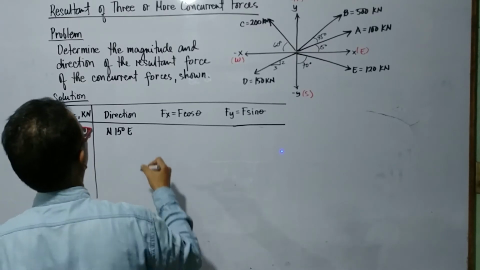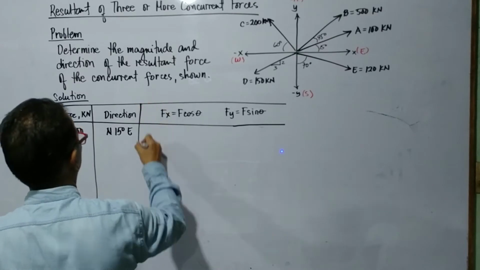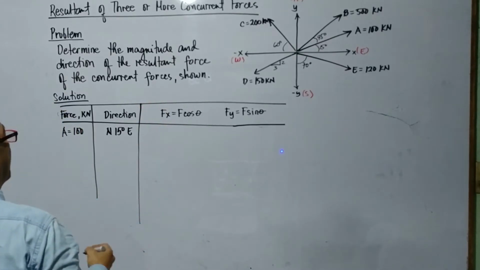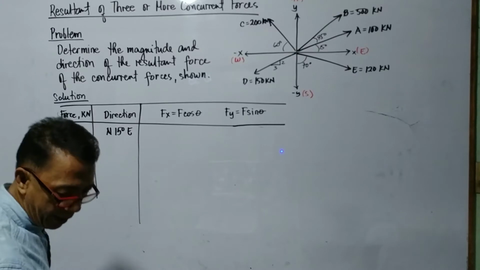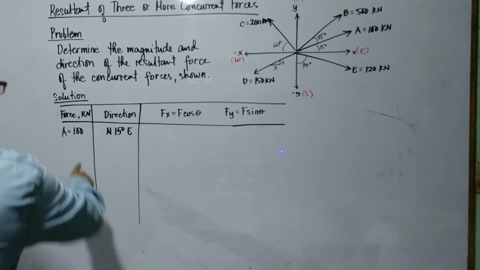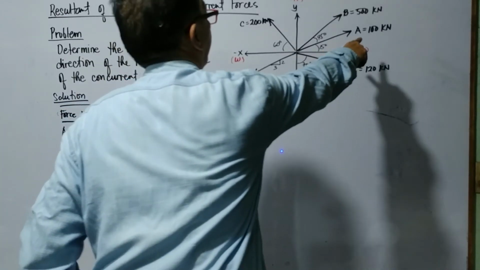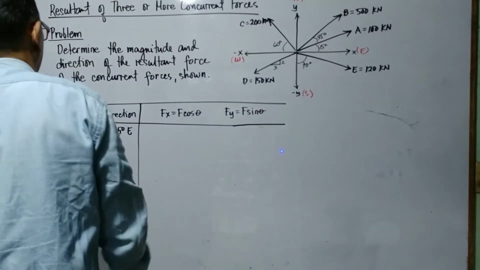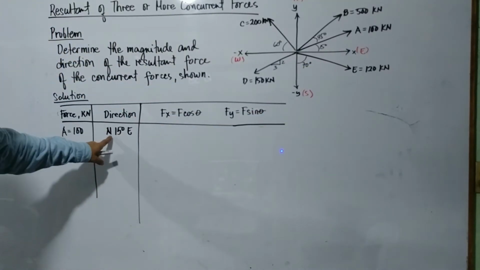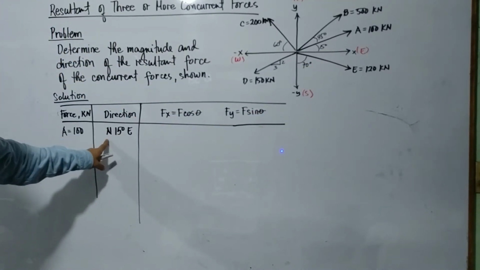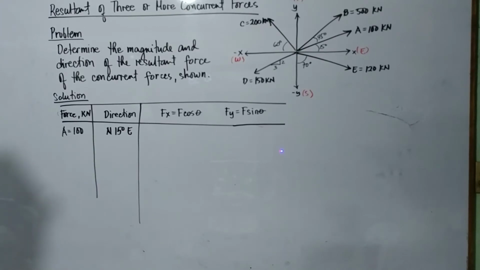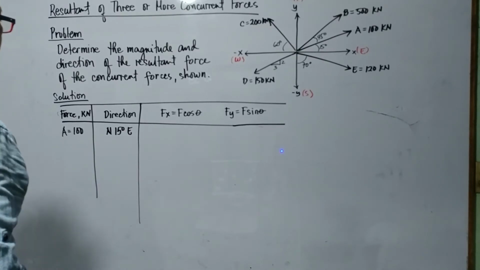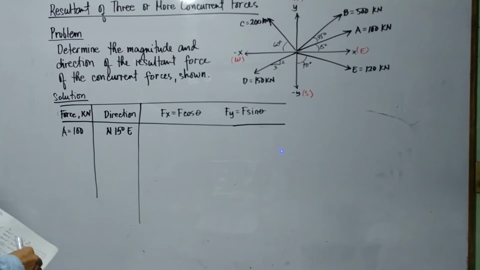So let's start. For our force A, we have the direction of 15 degrees northeast, or east of north of east.